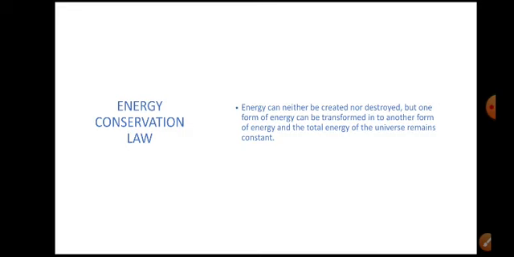What is conservation? Conservation means changing from one form to another form, but the whole energy remains constant. So we can change the energy from one form to another. For example, with electrical energy, when you switch on the light, the bulb glows. So it gives light energy, and after some time when you touch the bulb, you feel heat.